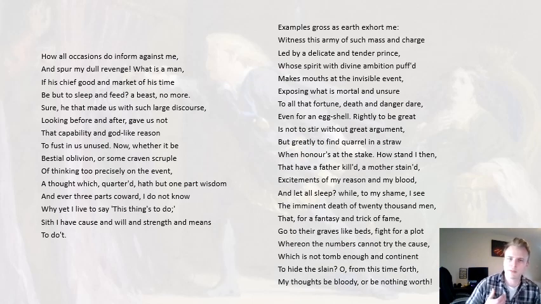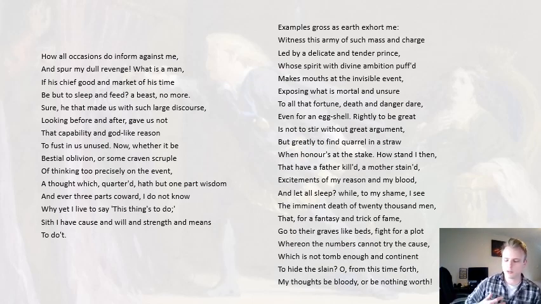So him at this present moment, whether it be bestial oblivion, so his kind of potential suicide, or some craven scruple of thinking too precisely on the event, a thought which quartered hath but one part wisdom and ever three parts coward, I do not know why yet I live to say this thing's to do.